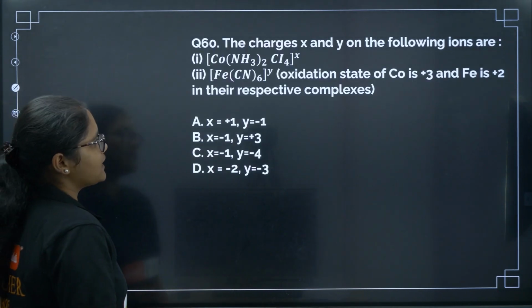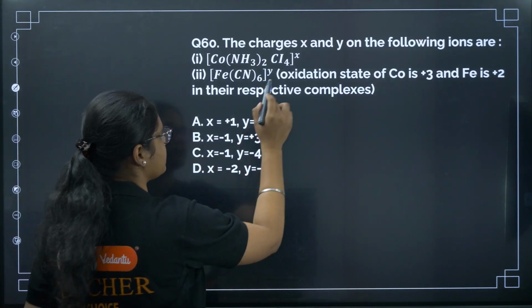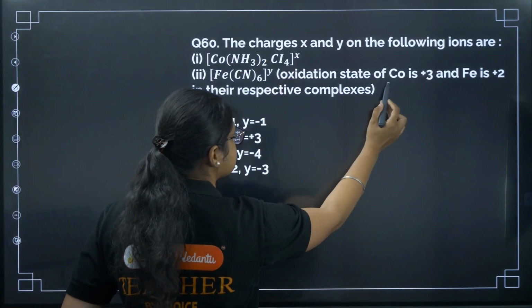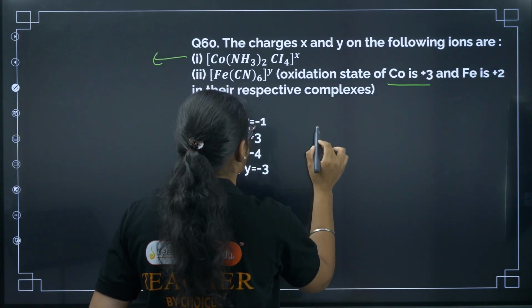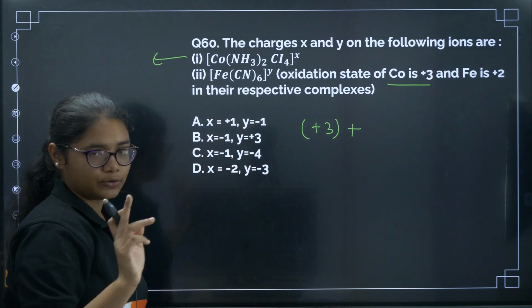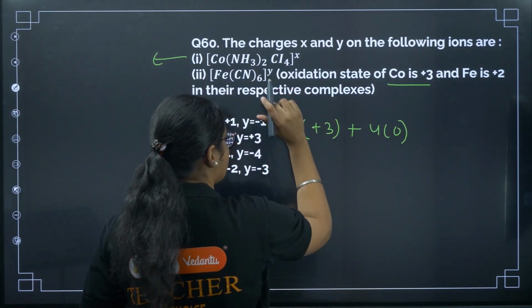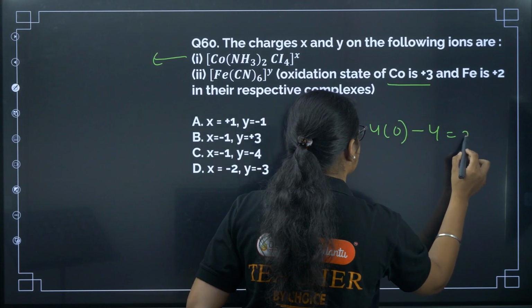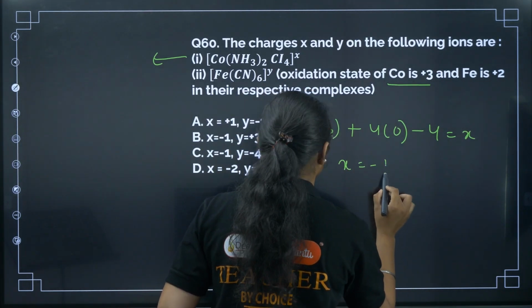Next, the charges X and Y on the following complex ions are, Co(NH3)2Cl4 to the X, then oxidation state of cobalt is +3. So let us do this one first. We know cobalt oxidation state is +3 and NH3 is a neutral ligand, so 4 times 0, then Cl4 is -4, so that is equal to X. Now if I solve this, I will get X is equal to -1.